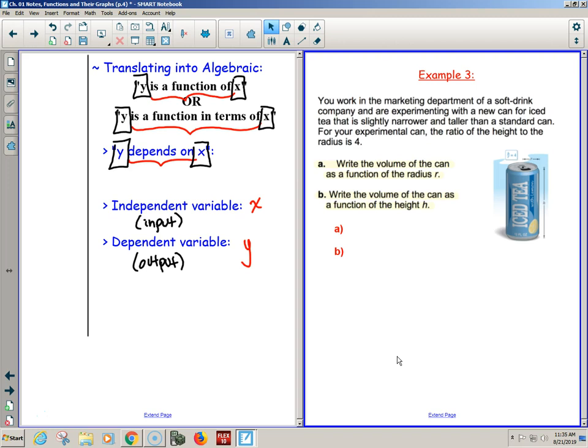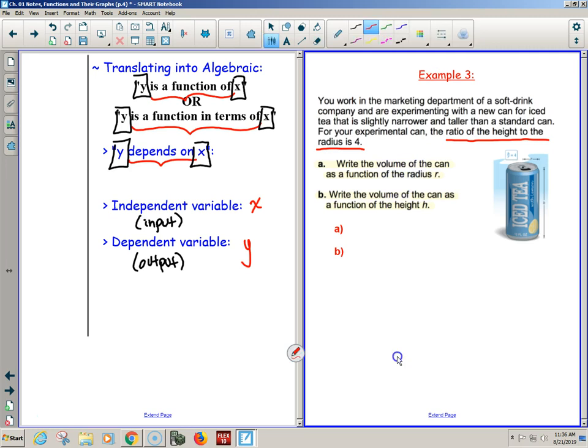Where the ratio of the height to the radius is 4. Oh, those are words. Guys, can we translate words into expressions if possible? How can we translate "the ratio of the height to the radius is 4" into a mathematical expression? H to R? H to R is 4. Yeah, I like it. But what's the best way of expressing H to R is 4?